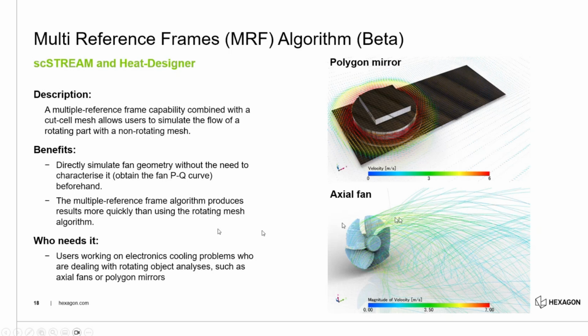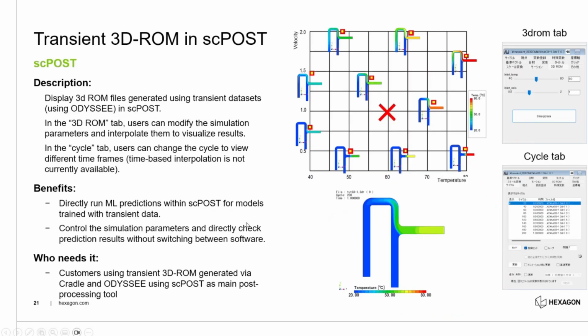This allows you to calculate the flow through the fan, over the fan, and so on, without having to use a mesh that slides or moves relative to another mesh. So the advantage is that it pretty much runs significantly faster while giving the same answer.